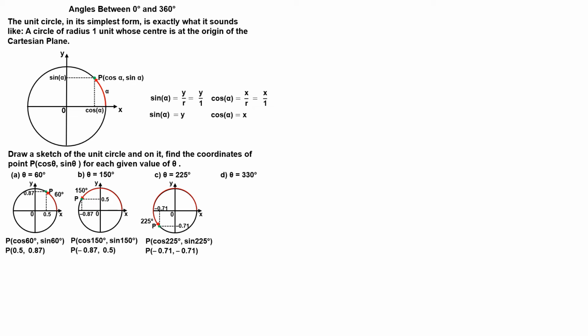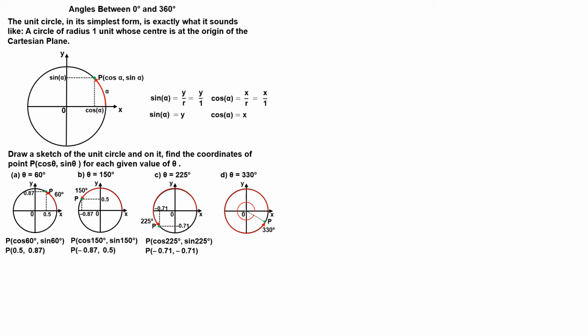Start by drawing the unit circle. Then trace out an angle of 330 degrees. Since the angle is in the fourth quadrant, x is positive and y is negative, implying that cosine is positive and sine is negative.